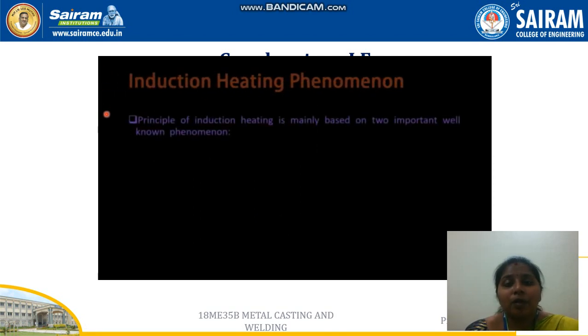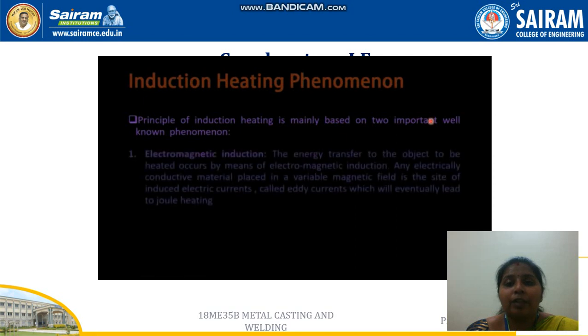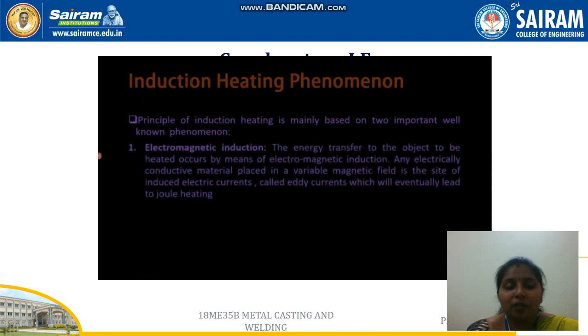Next they talk about the induction heating phenomenon. The principle of induction heating is mainly based on two well-known phenomena. One is electromagnetic induction, where energy transfer to the object to be heated occurs by means of electromagnetic induction. Any electrically conductive material placed in a variable magnetic field is the site of induced electric currents called eddy currents, which eventually lead to Joule heating.